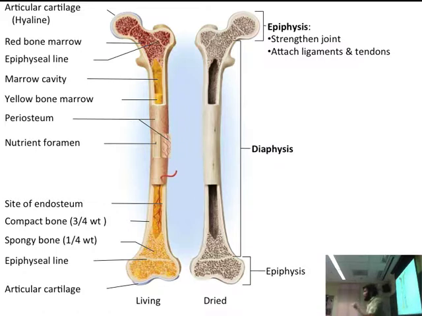Does anyone know what the common term for that is? The growth plate. The growth plate, thank you. Yep, that's the growth plate. This is where the length of a bone is going to be growing in childhood and adolescence. So if you get a break along your epiphyseal line, you can have a shortened bone that doesn't fully develop if you get that injury as a child.